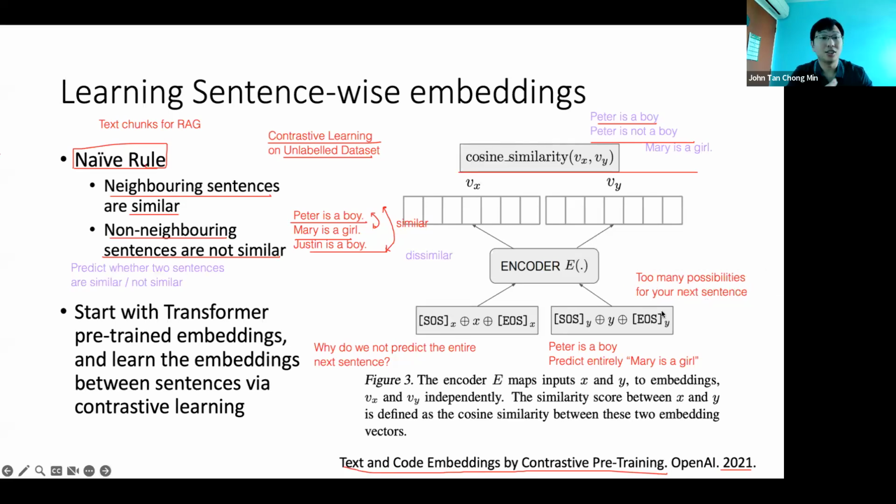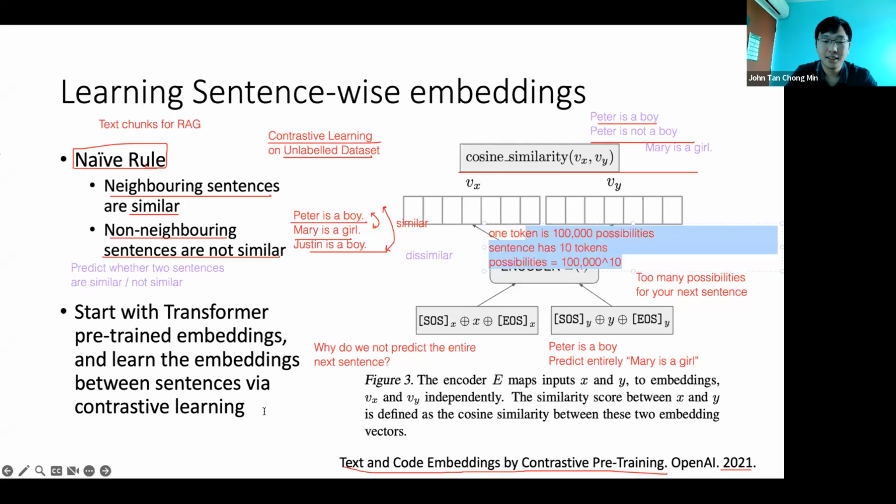This is humongous. If you want to predict something like Mary is a girl, and each token has, let's say, 100,000 possibilities, and your sentence has 10 tokens, can you imagine how many possibilities there are? The number of possibilities is 100,000 to the power of 10.